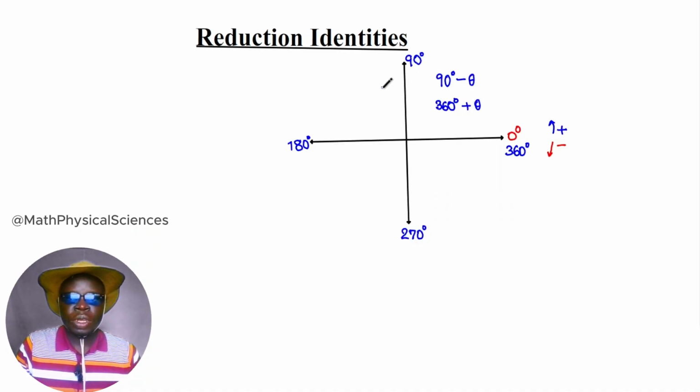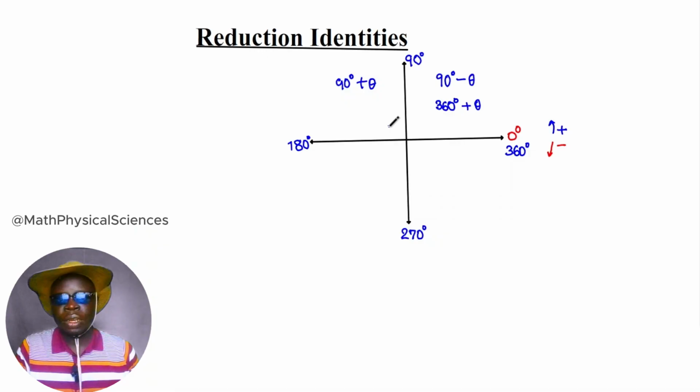And for the second quadrant, we can also do the same. That is 90 degrees, but this time we'll add theta. Now you can see from here to here is 90, and from 90 up to a certain angle anywhere around the second quadrant, we add a small angle to make 90 plus theta, or we subtract the angle from 180, which will also give us any angle between 90 and 180.